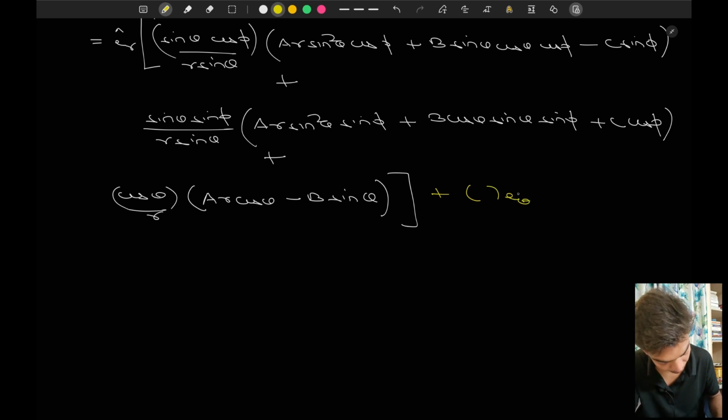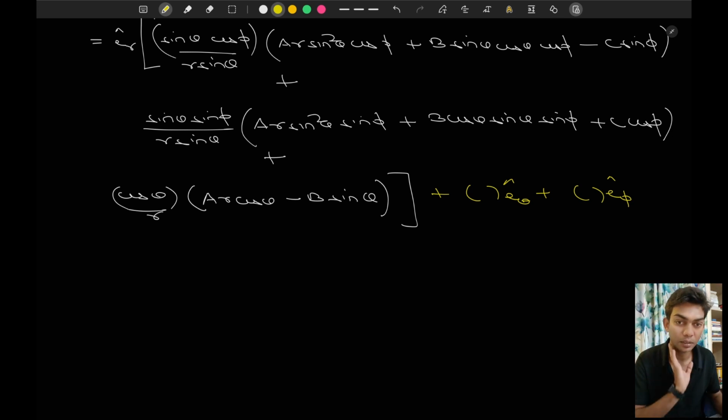Plus we will have something e_theta plus something e_phi. Now I'm not going to evaluate every term in this section because it will get complicated. So first we will figure out the coefficient for the e_r term. Then we will figure out the coefficient for the e_theta term, and I will leave as homework the coefficient for the e_phi term, which is a simpler one.